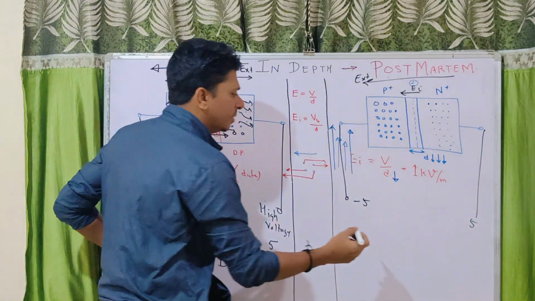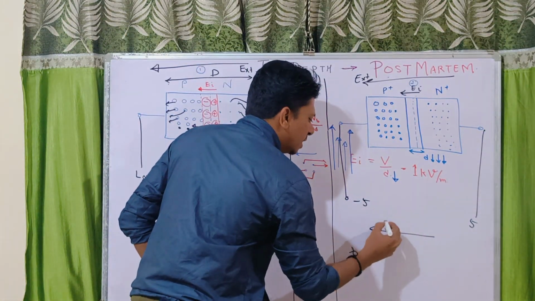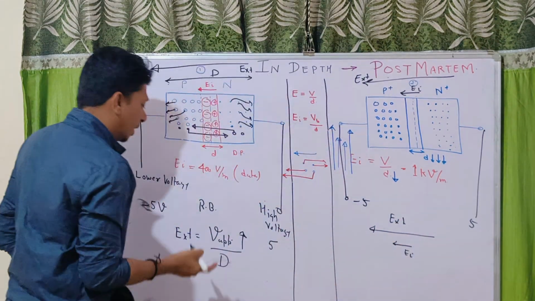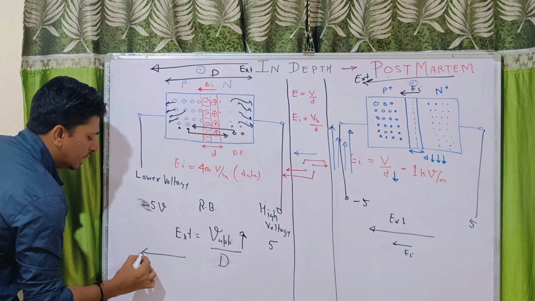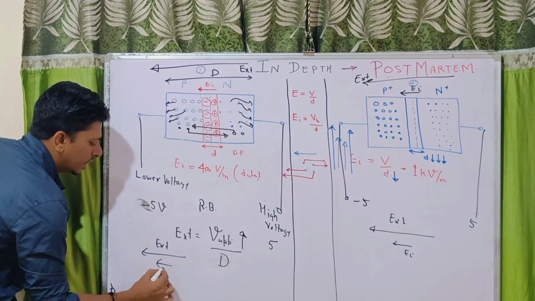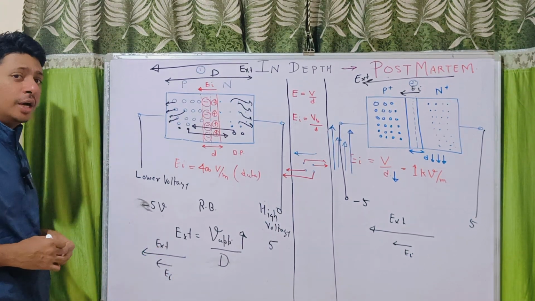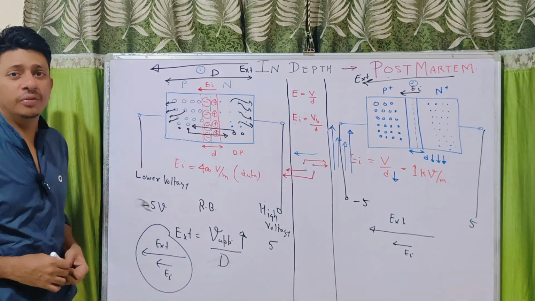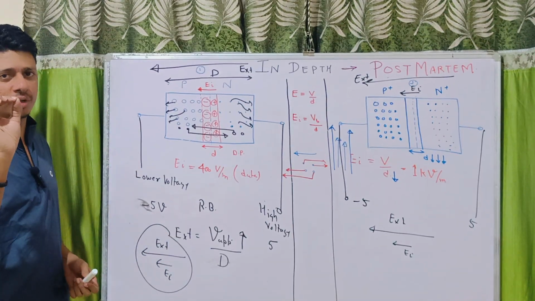Here also in the reverse bias direction the E external will be in the same direction as E internal. In this case also the E external is in the direction of E internal, but together these two are not enough for sudden rupturing of covalent bonds.